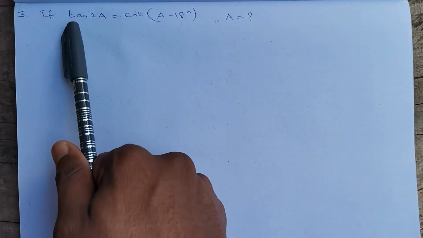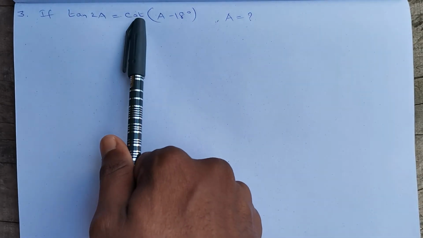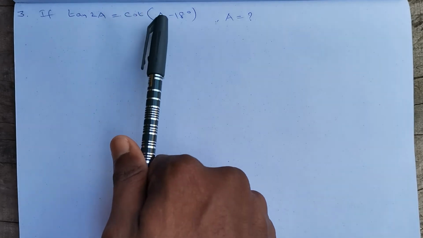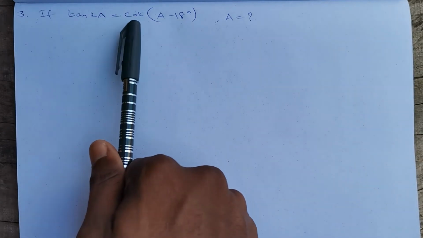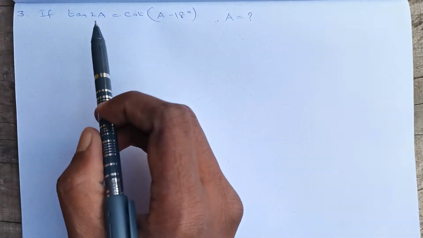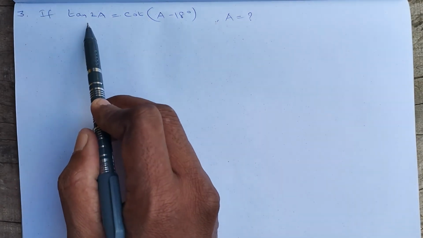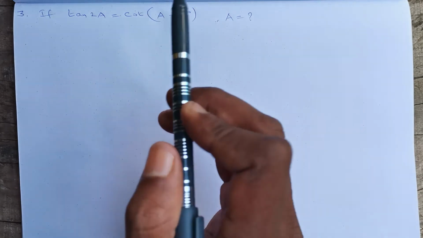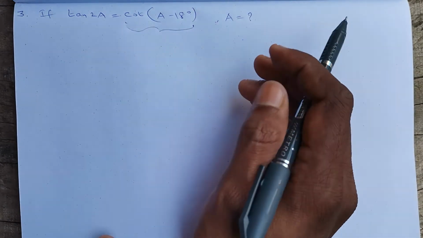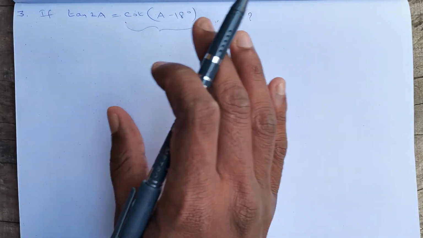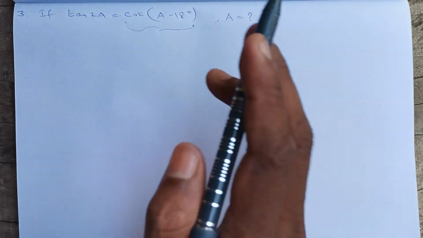So if these two are the same, then only we can compare the angles. So our first thing is we need to change these two into the same. Same as the previous, either the LHS or the RHS we need to change. The RHS is already looking a little bit difficult or bigger, so that's why I'm not touching the RHS. I will try to change the LHS only.